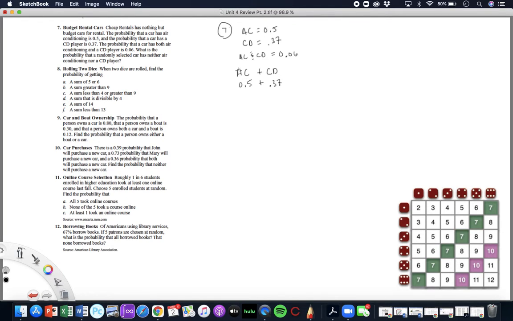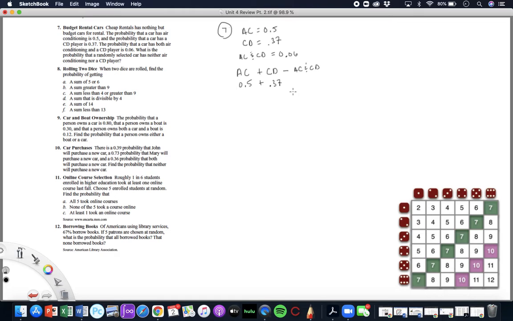Well, I'm finding again the probability of having a CD player, and then I'm going to subtract that overlap because I don't want to count it in either one of those, okay? Hopefully I'm doing an okay job explaining this. So subtract the overlap where we have those cars that have both of them, because they are being counted in here.